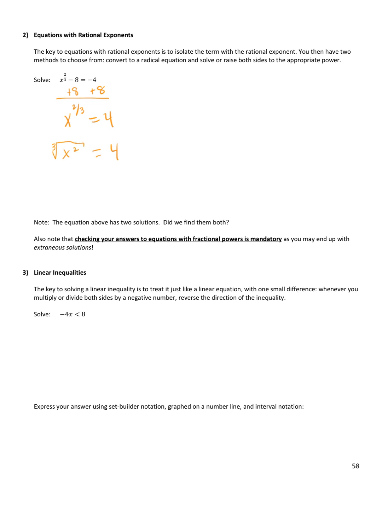And then my next step to undo the cube root would be to cube. So I'm going to cube both sides. And what I'm left with is x squared equals 4 cubed is 64. And then I square root both sides and I get x equals plus or minus 8.